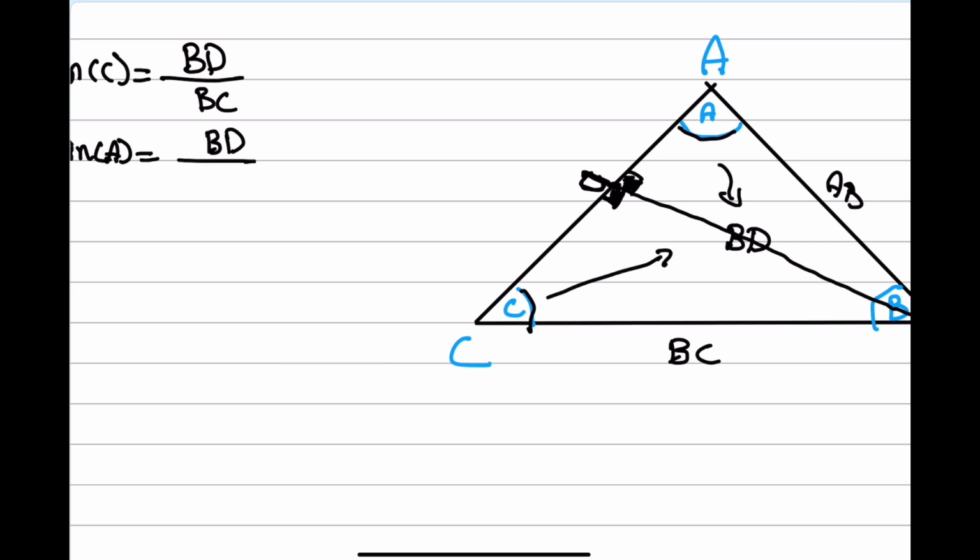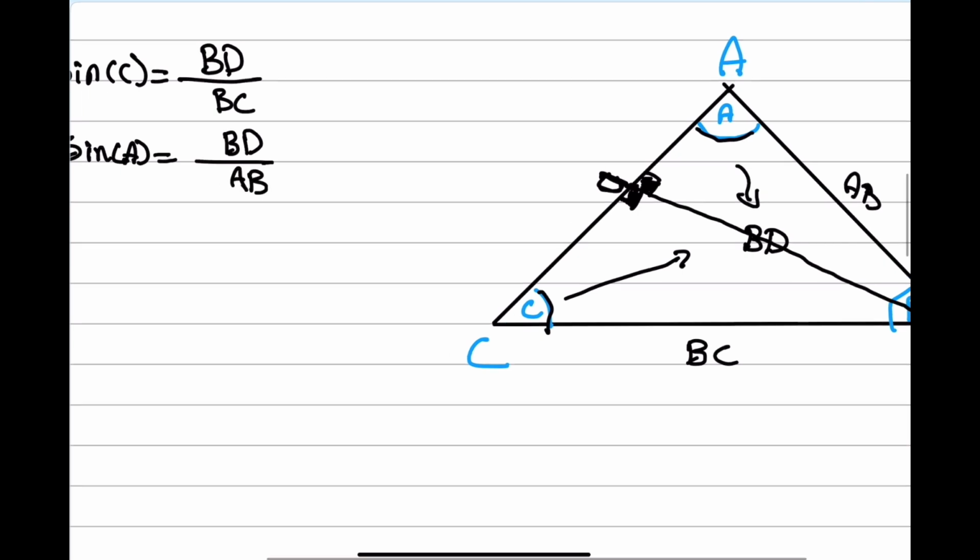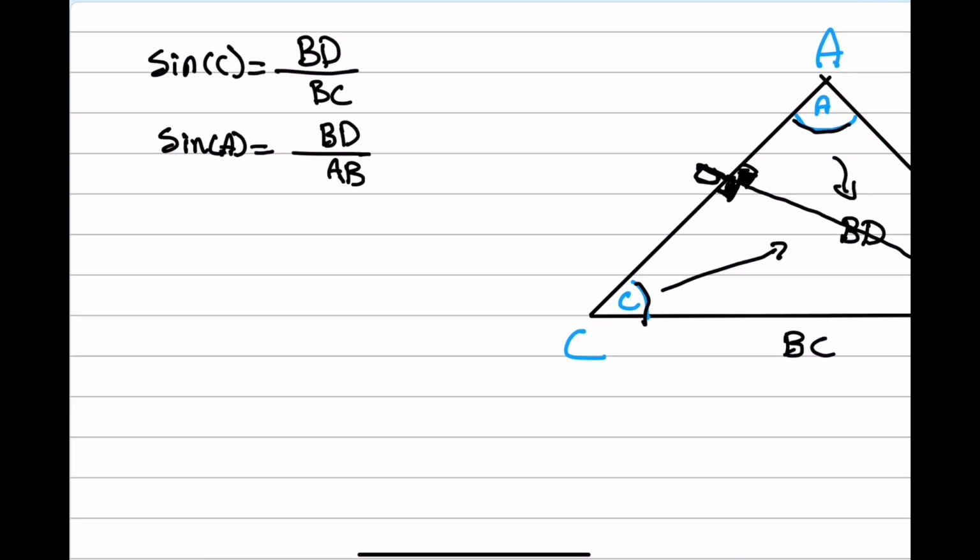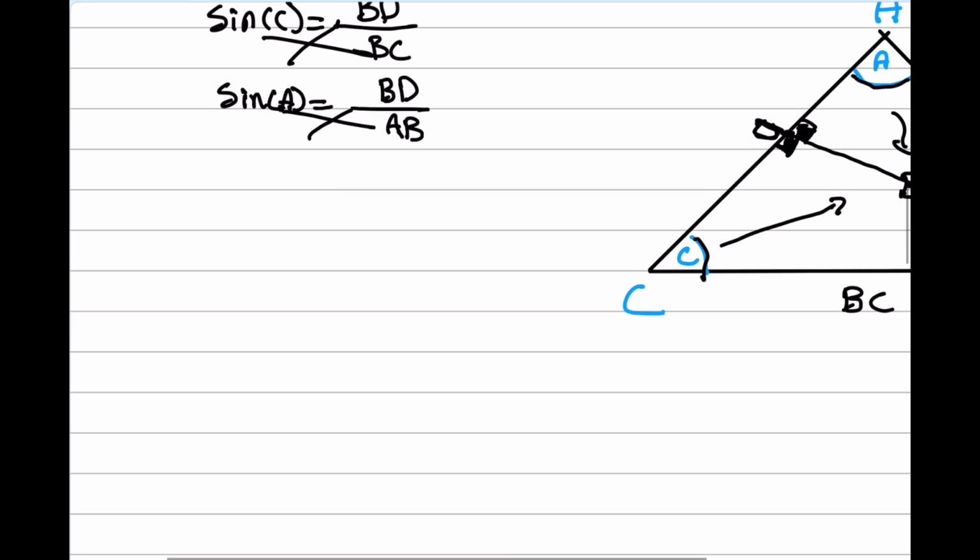Now we are going to make cross multiplication.